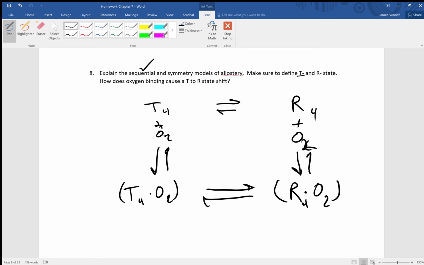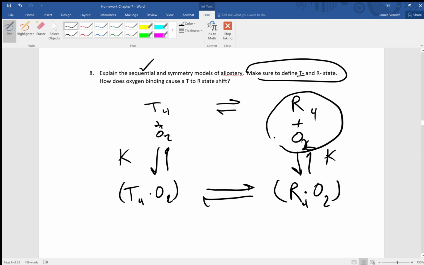All right, now one of the things that we said early on when we defined the T state and the R state, we said that the R state binds oxygen more tightly than the T state. All right, so the equilibrium constants here, please note that I'm talking about association constants here, not dissociation, because the way I'm drawing the reaction is these two reacting to associate.